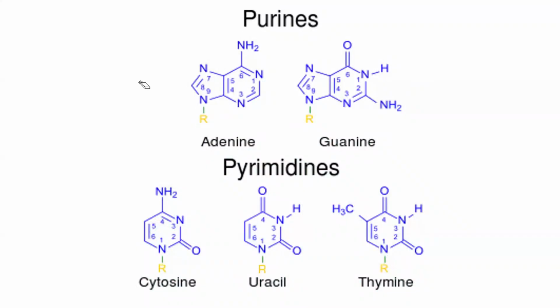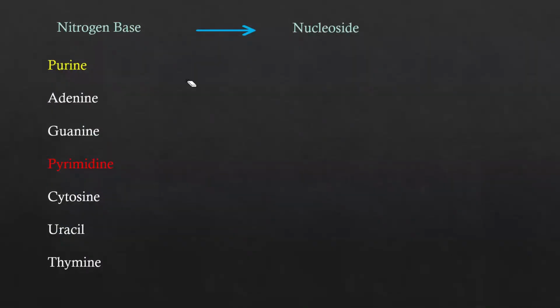So you can see the structures are also important. Just remember them. It will be helpful in biomolecules, where you will be studying these structures. So next one. This nitrogen base, if it joins with a sugar, okay. Remember, adenine, guanine, cytosine, uracil, thymine are not nucleotides. These are nitrogen bases.